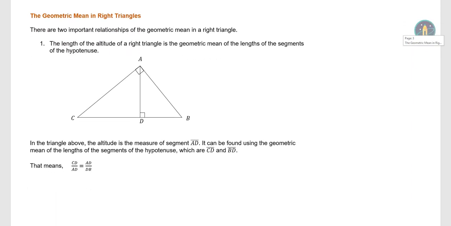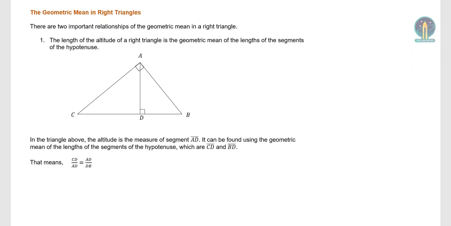Now let's see how this can be applied to right triangles. There are two important relationships of the geometric mean in a right triangle. The first relationship is that the length of the altitude of a right triangle is the geometric mean of the lengths of the segments of the hypotenuse. The altitude in this case is AD.